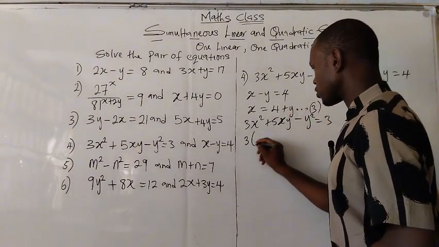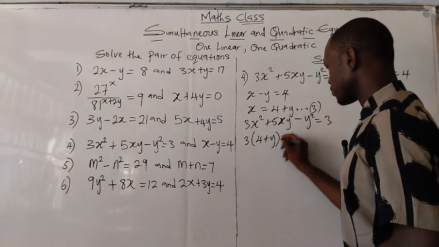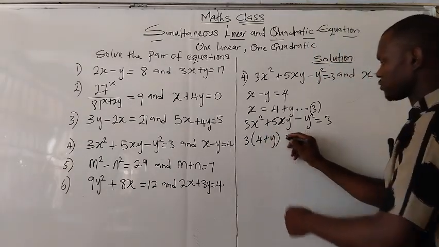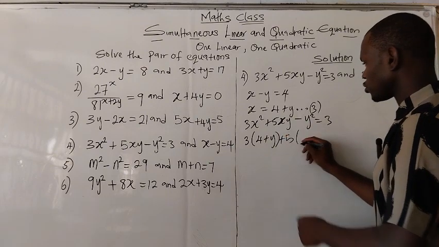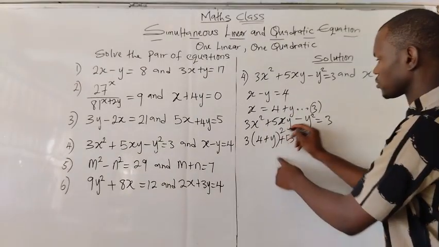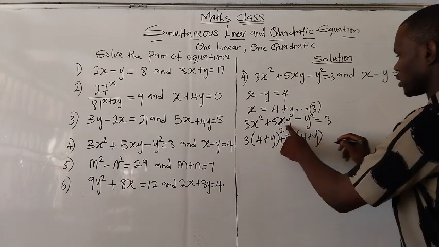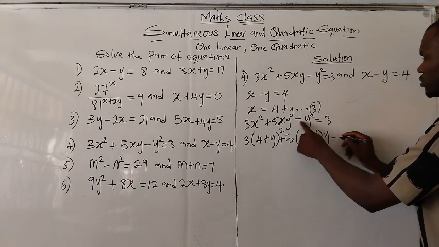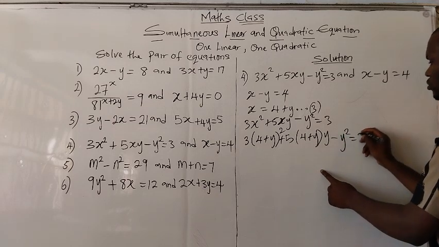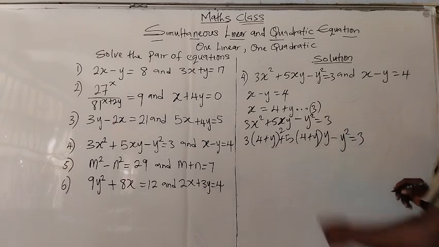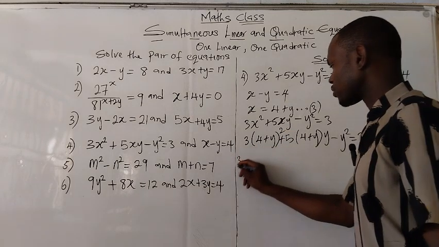I'll be having 3 into (4 plus y) squared, and then 5 into x here again, 4 plus y, our y put it outside, minus y squared equal to 3. Let's expand all the brackets. Put 3 outside.